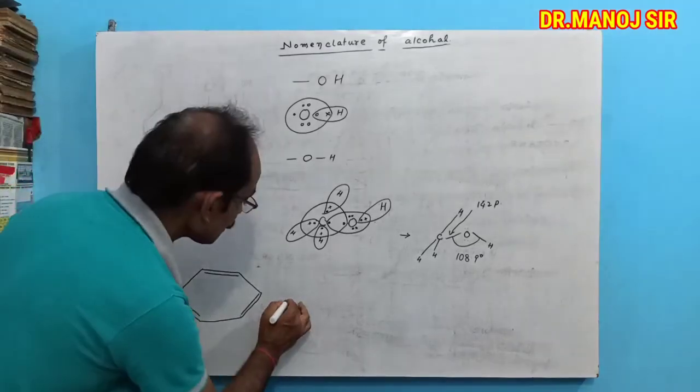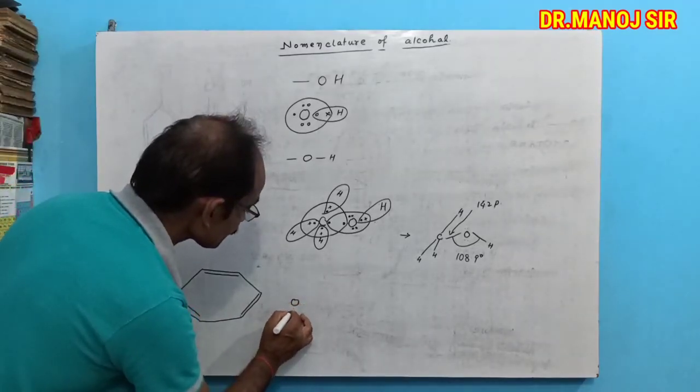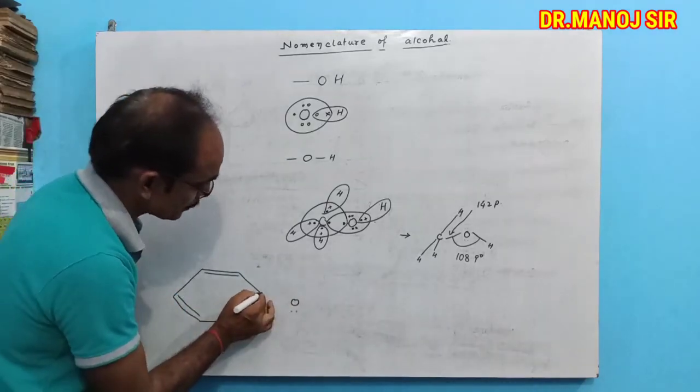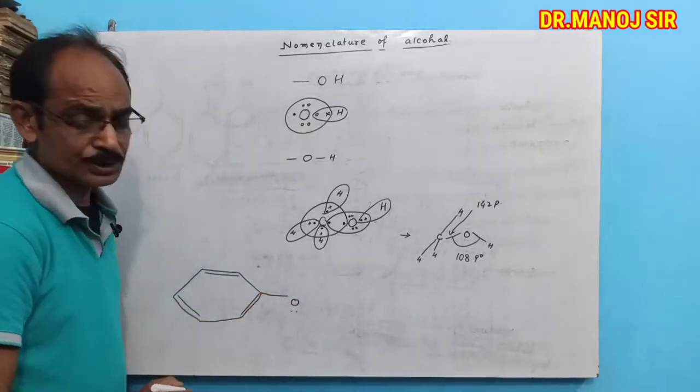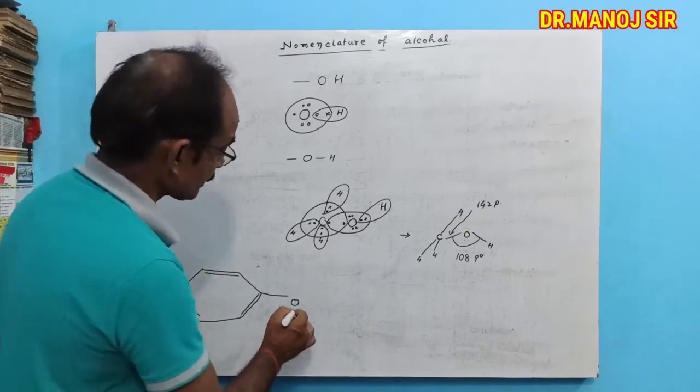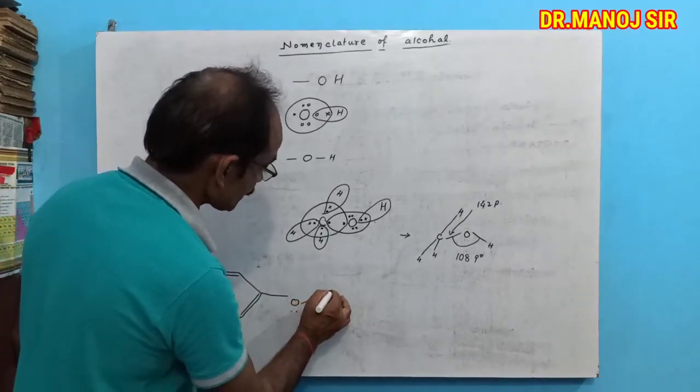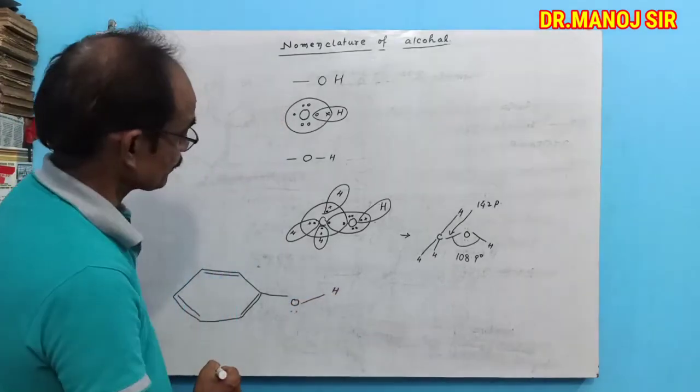Here O is bonded with carbon and hydrogen is bonded with oxygen.